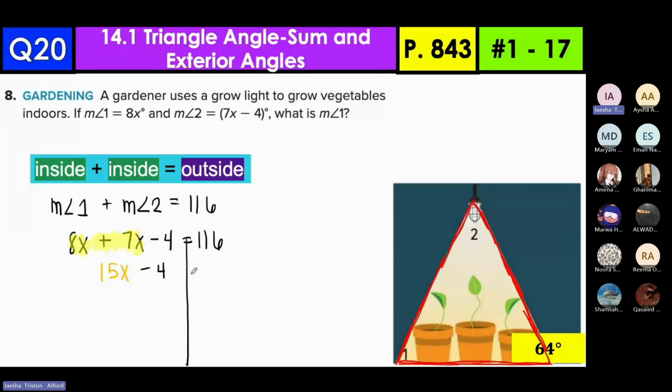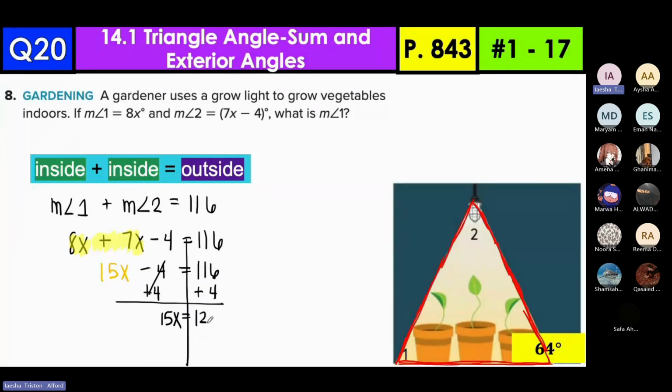Subtract, bring everything down. Then add 4 for both sides. This is 0. 15x is equal to 120. Divide 15 both sides.